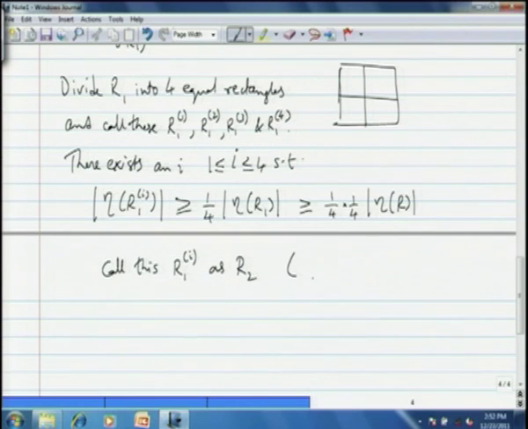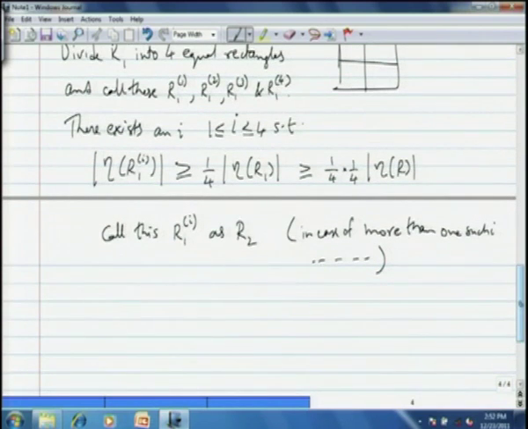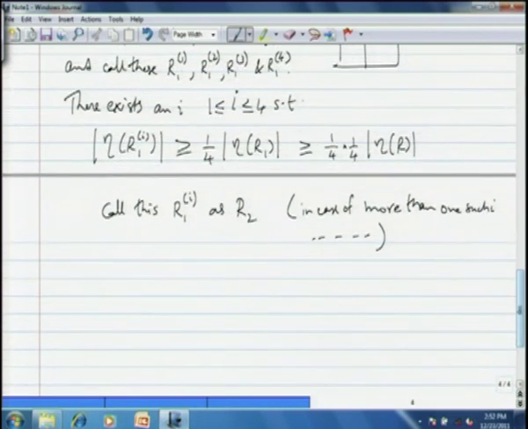Once again, in case of more than one such i, you just pick one arbitrarily. And then you have R_1, R_2 produced like that, and continue this process.